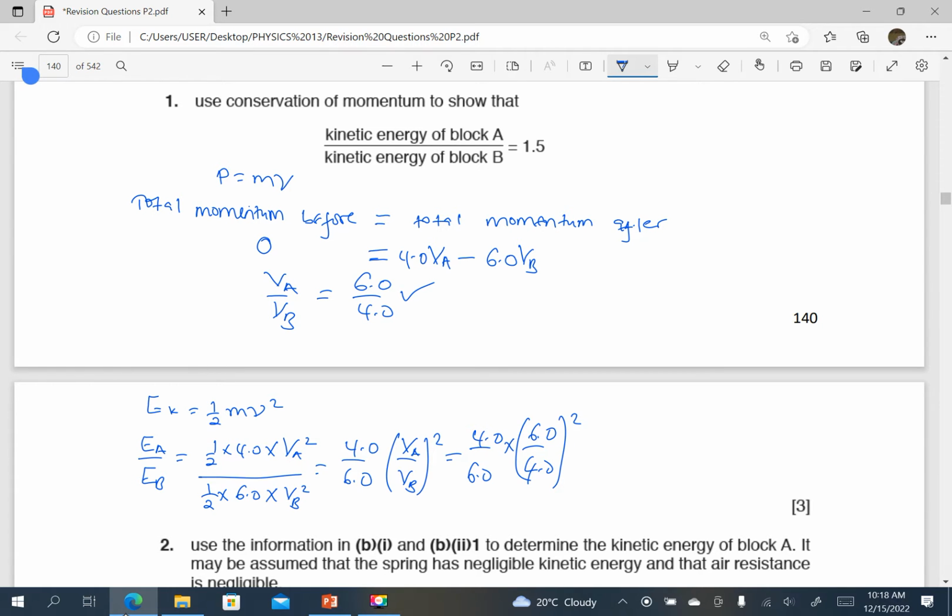And when you simplify this, of course, one of these cancels out, and 4.0 cancels, and this gives us 6.0 over 4.0. 6 divided by 4 is 1.5. So this is going to be equal to 1.5 as required. So that is the ratio. We just played around with simple expressions.